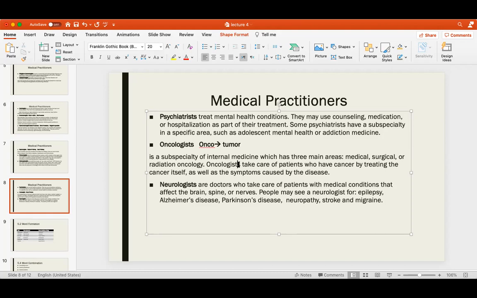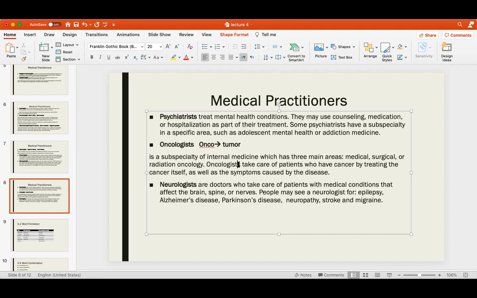Oncologists take care of patients who have cancer by treating the cancer itself as well as the symptoms caused by the disease. All right? So mostly they take care of the cancer patients and, of course, any other tumors.